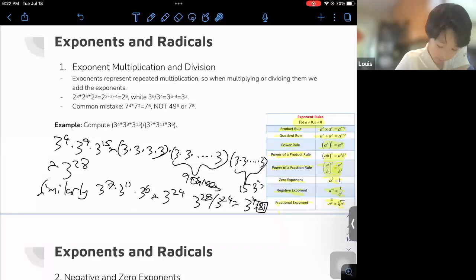One of the common mistakes is that 7 to the 4th times 7 to the 2 is 7 to the 6, and not 49 to the 6, where you multiply the bases and add the exponents, nor is it if you multiply the exponents. So these are not true.